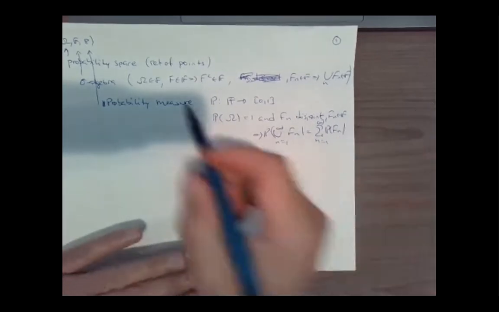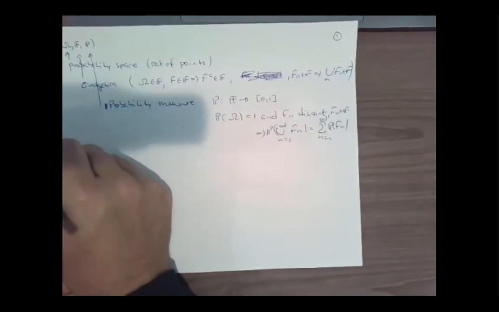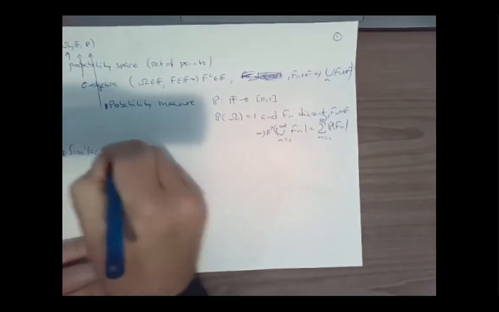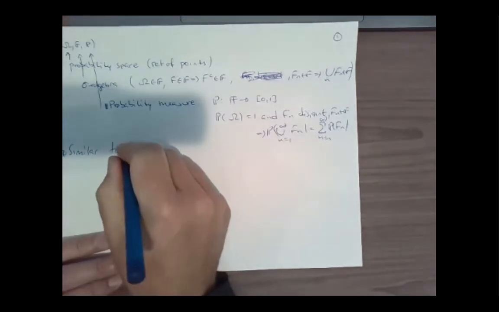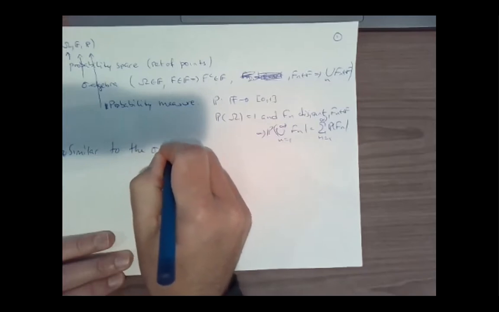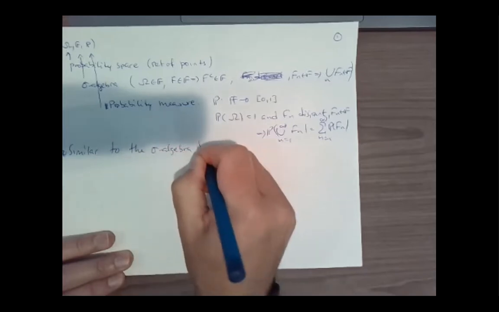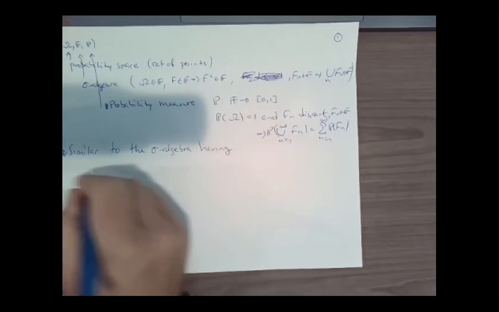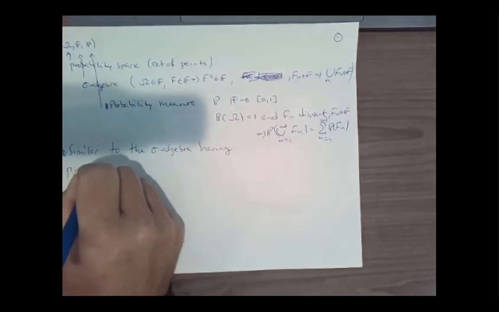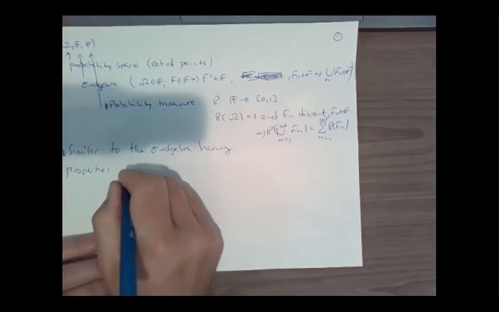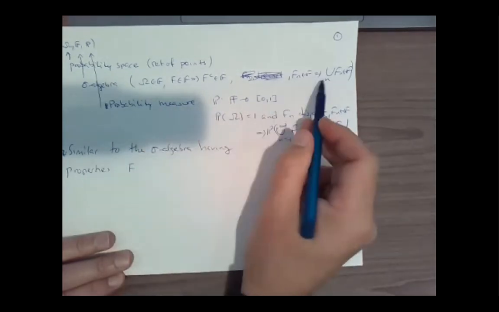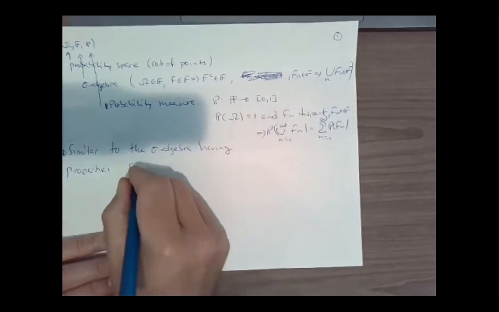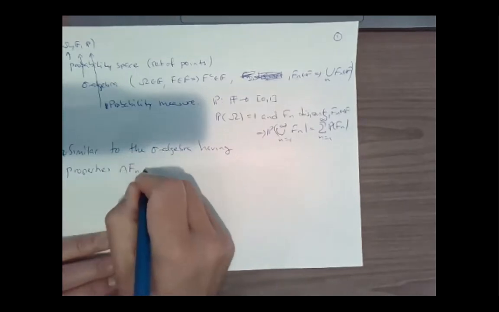But just as for the sigma algebra having properties like, instead of doing unions, you can also do intersections.